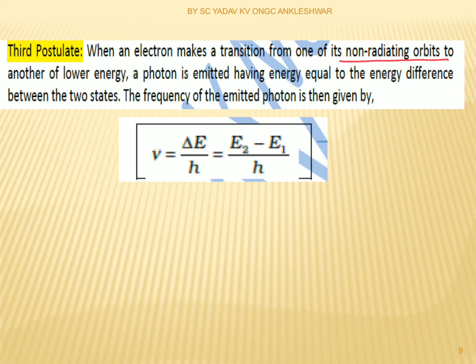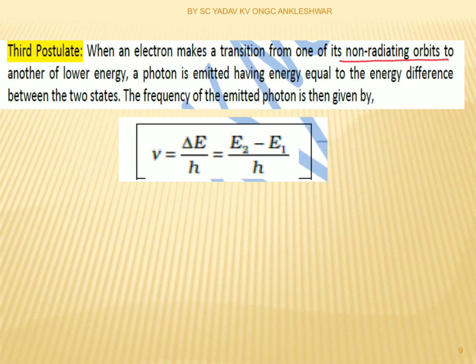So these three postulates are very important. What is the first postulate? Niels Bohr told that the electron revolves around the nucleus in discrete orbits called stationary orbits, and as long as the electron is revolving in that particular orbit, emission of radiant energy does not take place.